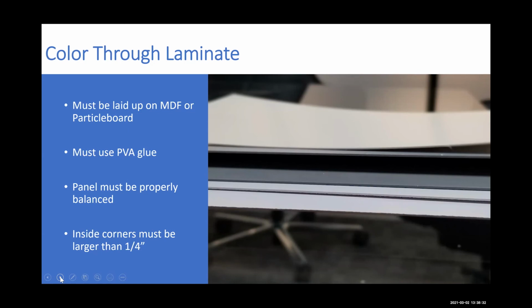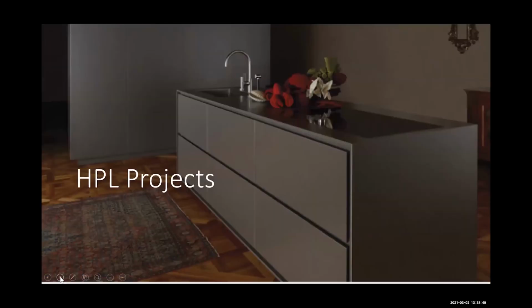And most importantly, they have to radius, because there's so much tensile strength in full color through laminate that the inside corner has to be 1/4 of an inch or more to evenly distribute pressure on that corner so it doesn't crack. There's also a couple of other things.